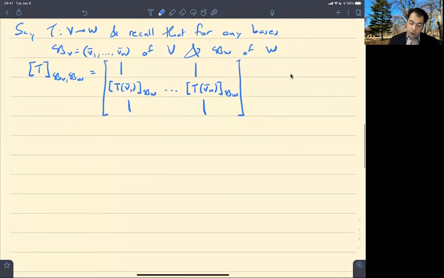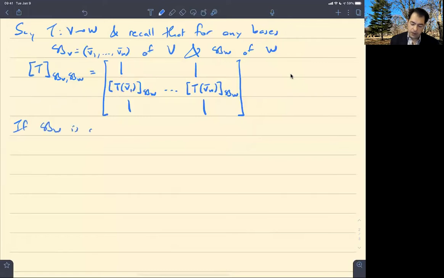And since all you need is the coordinates of this vector with respect to this basis, if this basis is orthonormal, then we just saw that you can do this very quickly, right? So let's write it down.